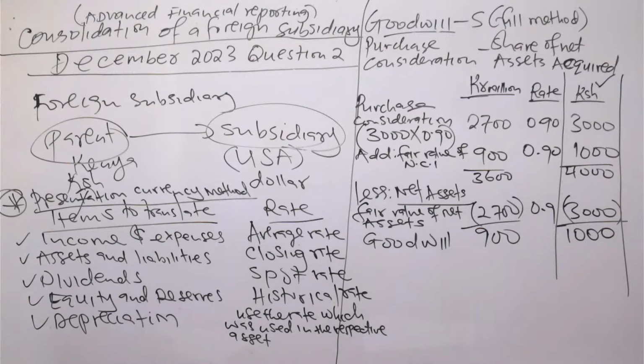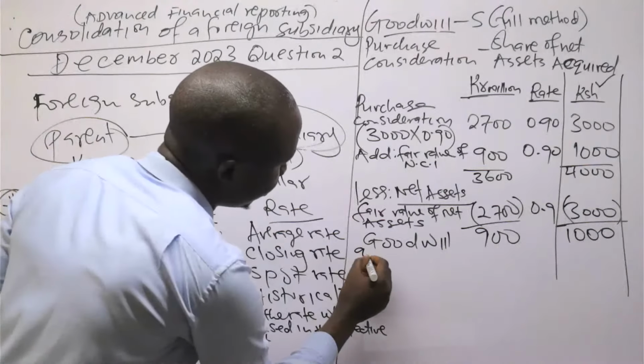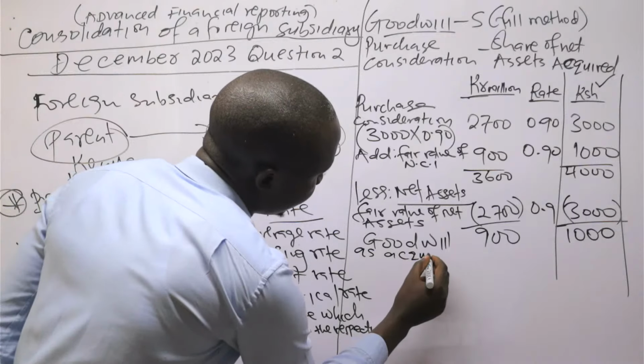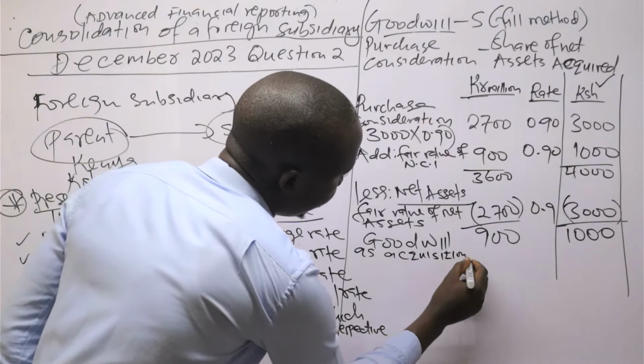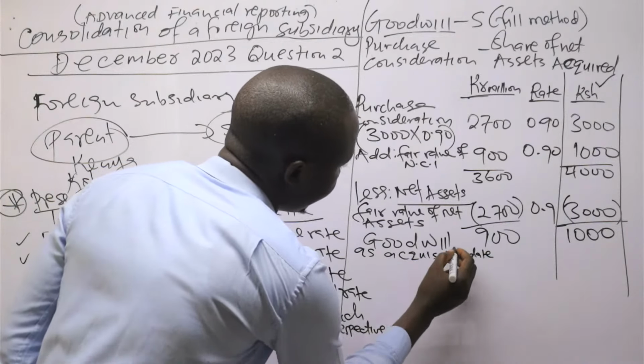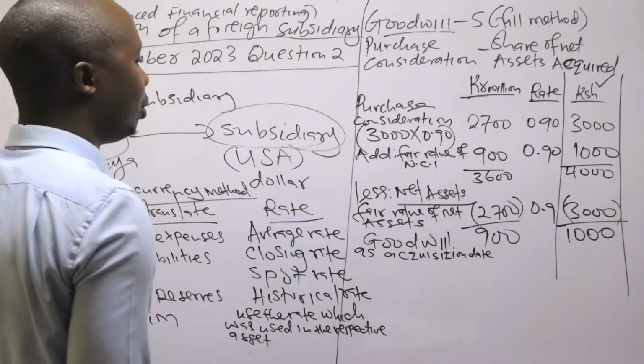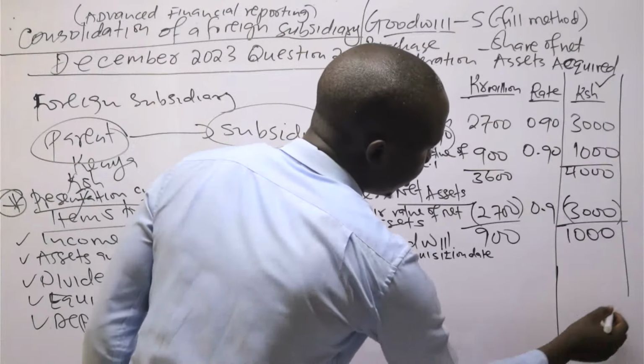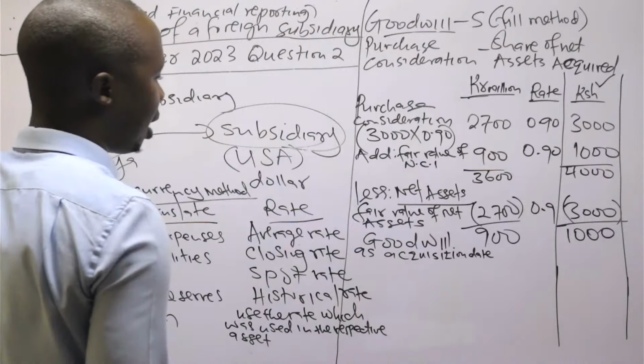So before I go to the second requirement, remember that this is the goodwill as at acquisition date, which is okay. But now I need to get the goodwill as at the balance sheet date.